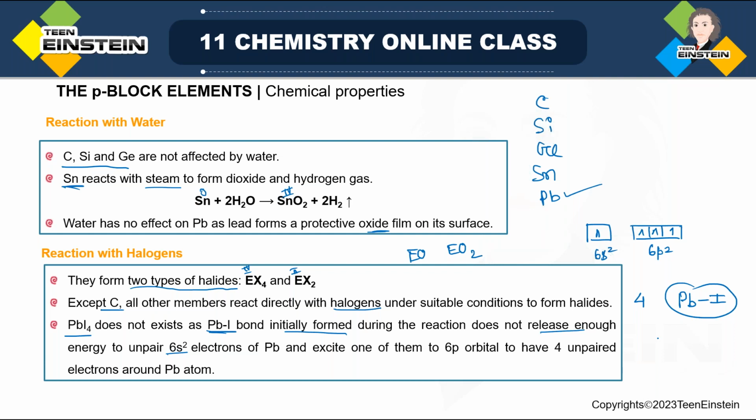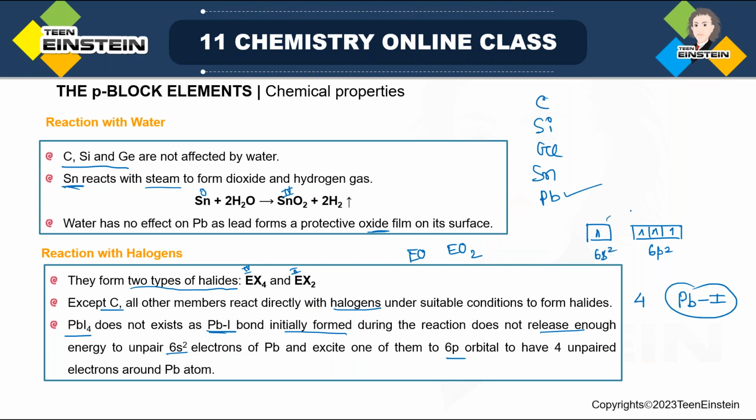But the bond energy of 4 lead iodine bonds is not enough to unpair this 6s2 electron, because we know that because of the inert pair effect, this pair has an inert tendency. To make it unpair is a really difficult process. So the energy released for 4 Pb-I bond formation is not enough to unpair this electron of lead and excite one of them to 6p.